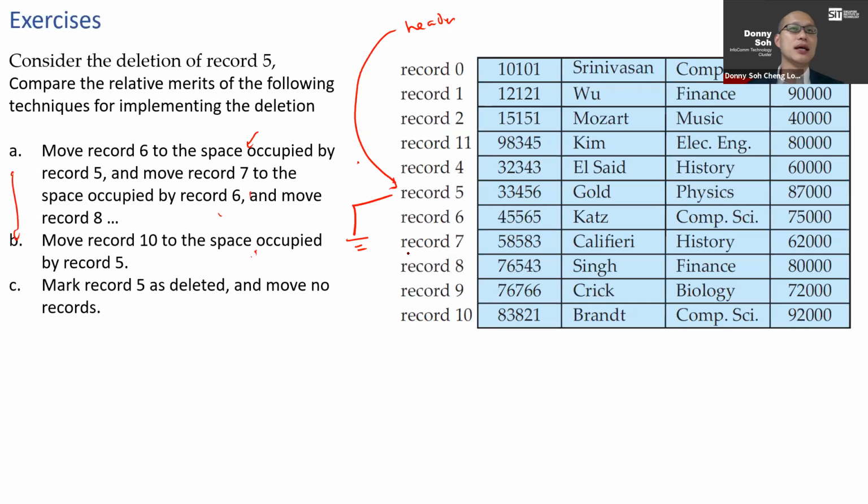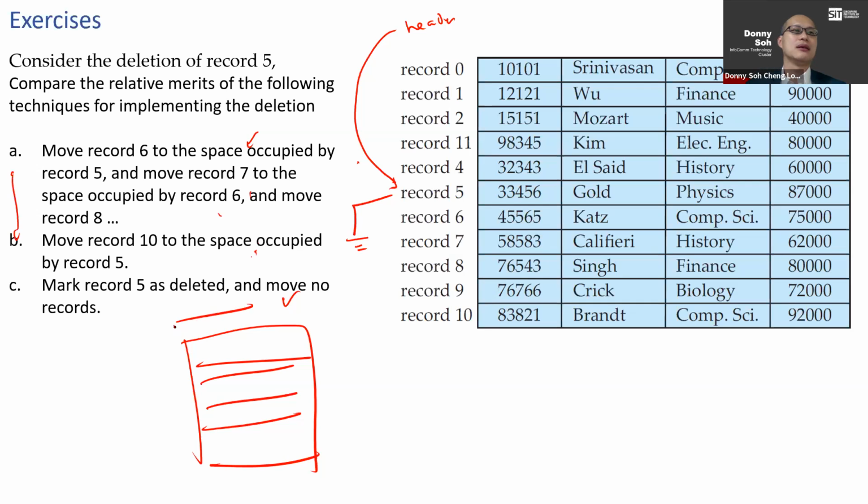I think the challenge with this is that if there are multiple records being deleted all the time, and common insertions and deletions, the pointers may end up being very sparse. If there are deletions that are very often, we may end up like that lah.